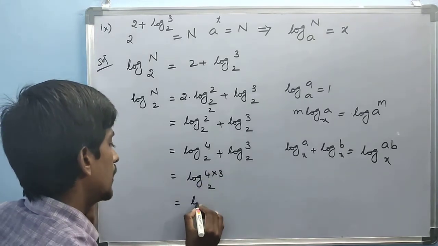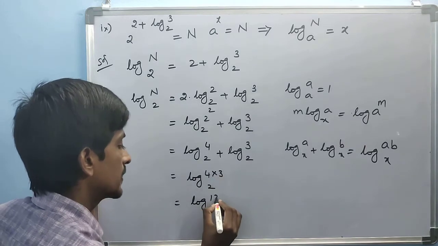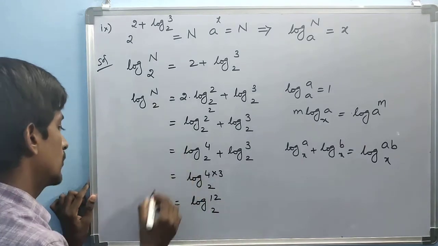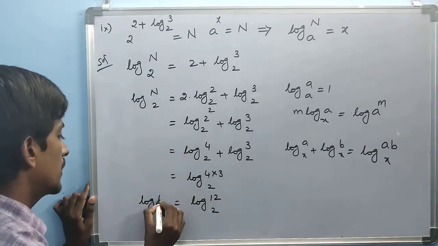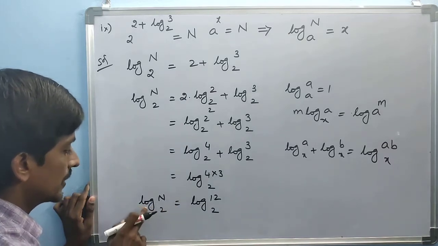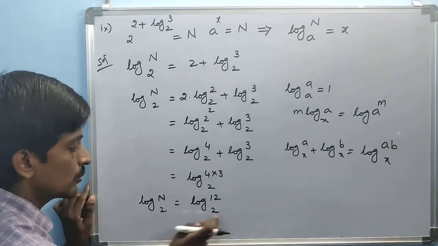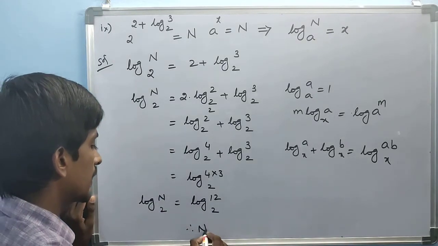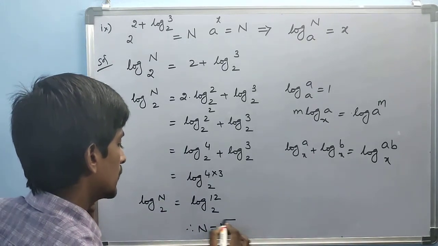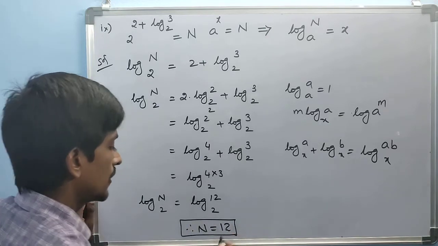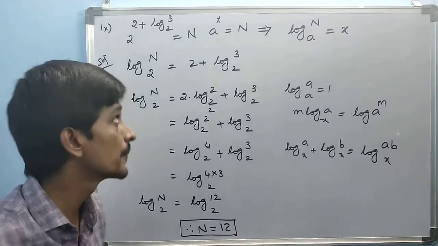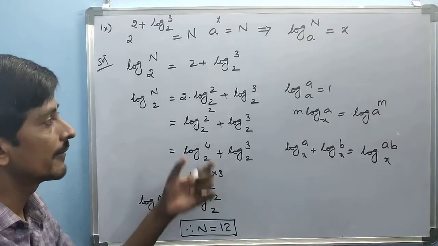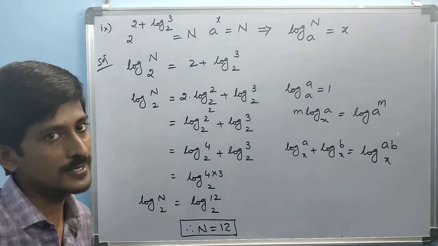Okay. 4 times 3 is 12, base 2. Log n base 2. So in the place of log base 2 is equal to log base 2. What is the value of n? Therefore n equals to 12, or x, anything. Okay. This is a very most important 2-mark sum.